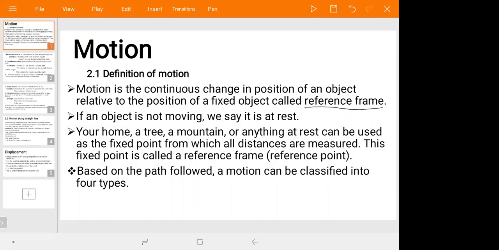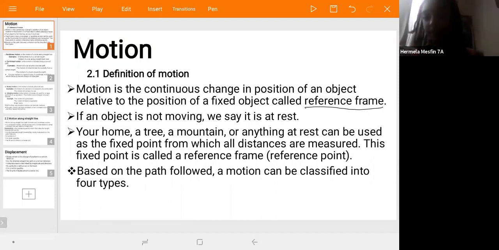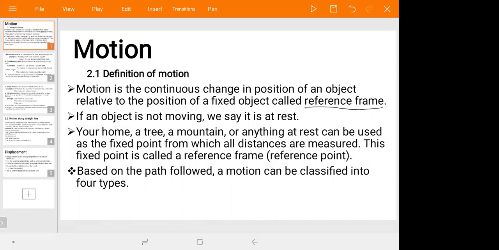So motion is a continuous change of position of an object relative to the position of a fixed object called a reference frame. For example, a reference frame can be your home, your school, a tree, a mountain, anything at rest can be used as a reference frame.